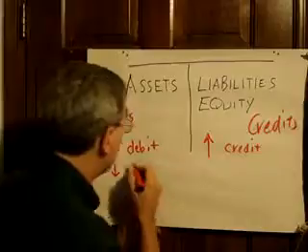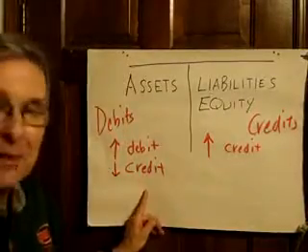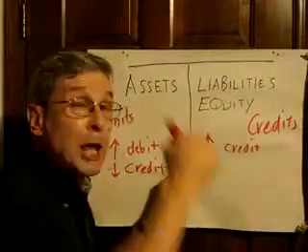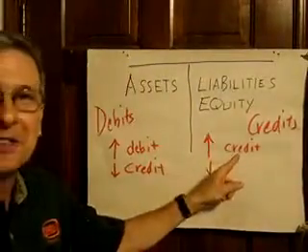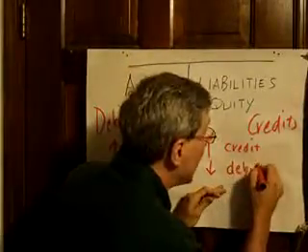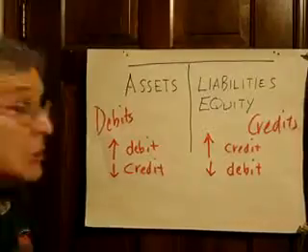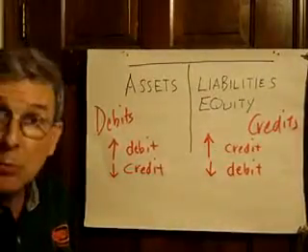That's a credit. And similarly, if a liability or an equity goes down, we're going to call that the opposite of a credit, which is a debit. So that is the basic rules for debits and credits. Easy to remember, right?